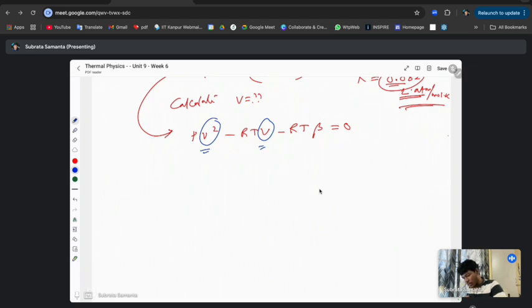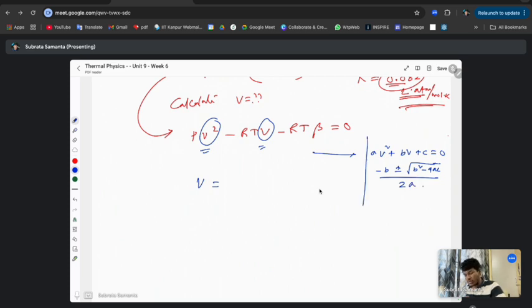The value of V is from the form aV squared plus bV plus c equals 0. We know the solution is minus b plus or minus the square root of b squared minus 4ac, over 2a.